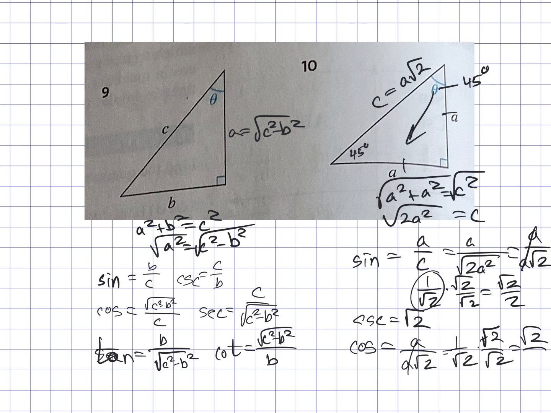You get the square root of 2 over 2. And then secant is the reciprocal of that, which is the square root of 2 as well. All right, so let's do tangent over here. That is the adjacent over the opposite, which is 1. And the cotangent will be the same thing. The cotangent is going to be 1. Reciprocal of 1 is 1.